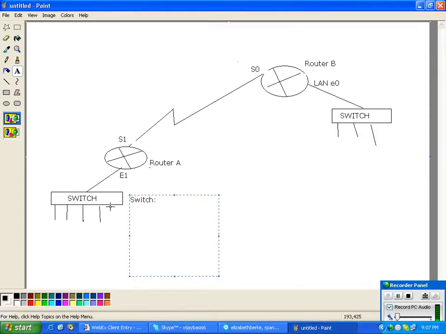Modular switch means we can further add on components to this switch. Non-modular switches are called fixed switches. A switch is a layer 2 component. It works on frames, LAN frames.